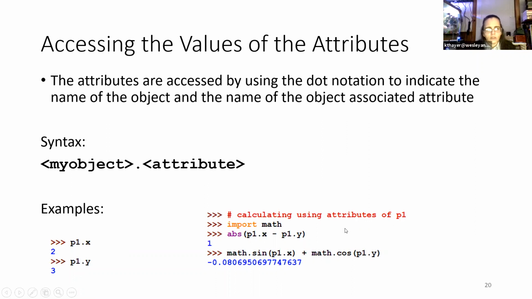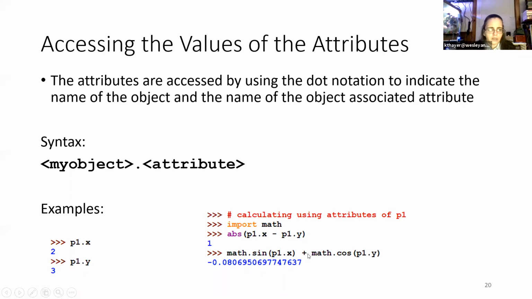So suppose we wanted to do some calculations using the attributes of P1. So you could do any kind of calculation. I'm just going to pick up the idea of doing the absolute value of the difference of them. Not that that's particularly meaningful, but it's something that you could calculate. So we import math and then we do the absolute value. So P1.x will pull out the value of x, which is 2, and P1.y, which is 3.